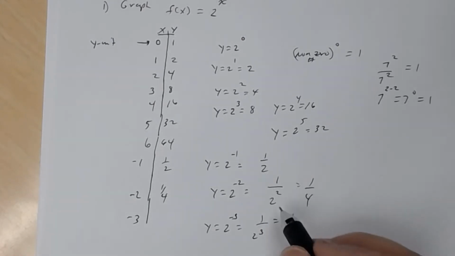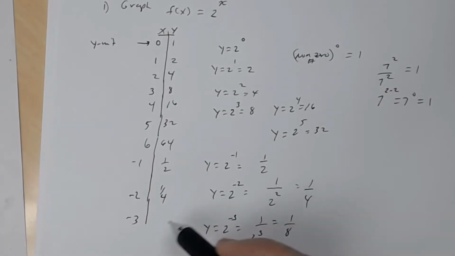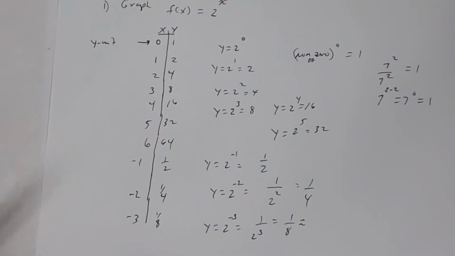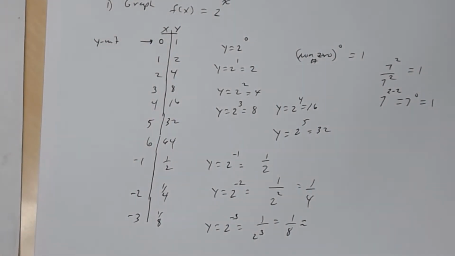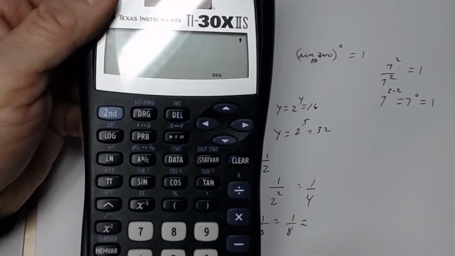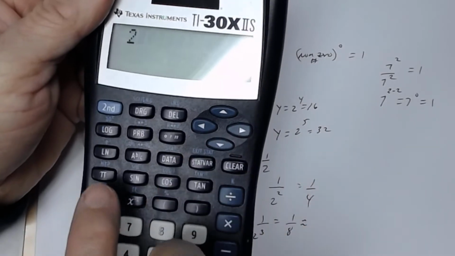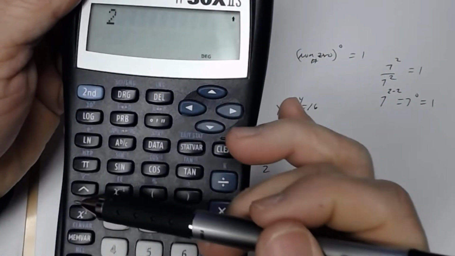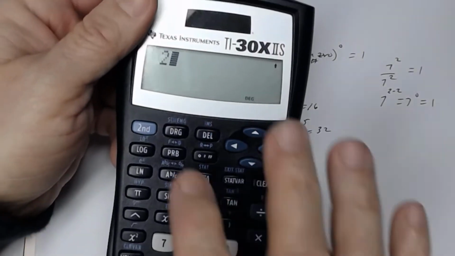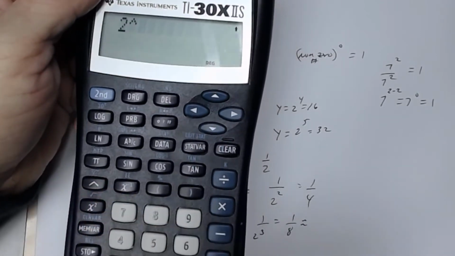Now, you could have used your calculator. Here's how you would use your calculator on this, by the way. To find 2 to the -3rd, you would say 2, and then you need to get this function here, press this right here, to the -3rd power.